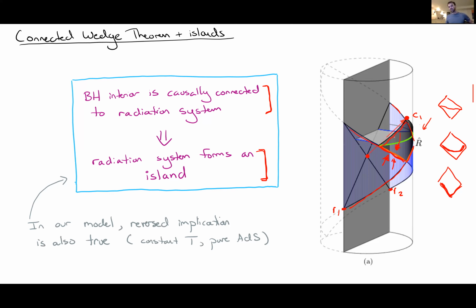But I think this causal relationship between the radiation system and the black hole interior is not apparent from an observer in here. It's as you say. I don't think I could put it better.